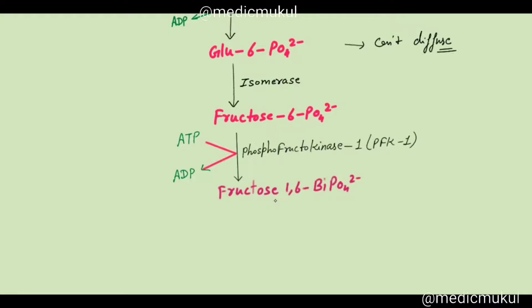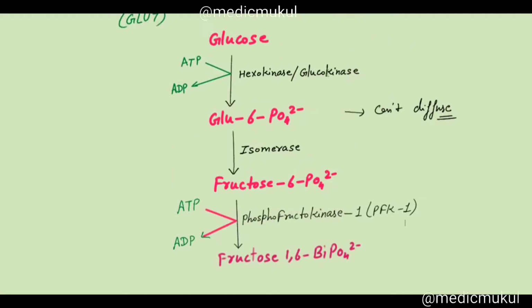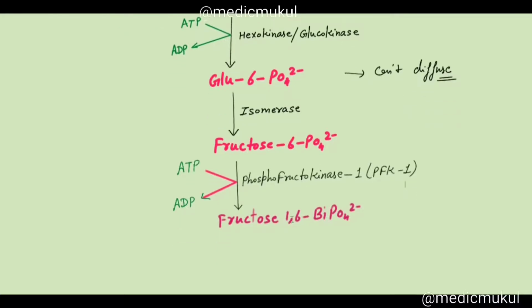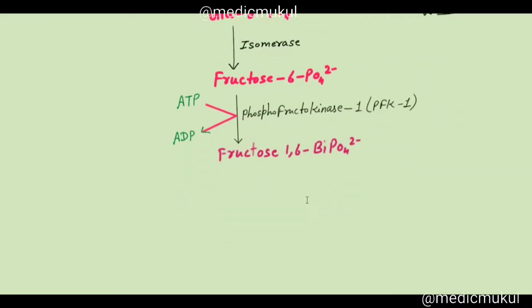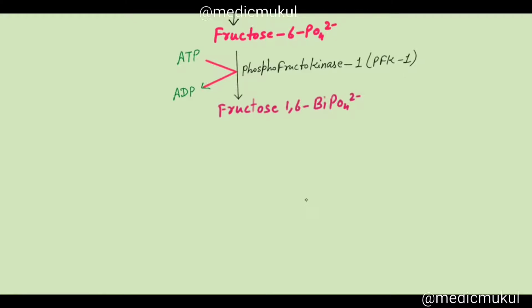So whenever you add or remove a phosphate, kinase is used. You can see the glucokinase, where you are adding one phosphate, and here again you are adding one phosphate, so kinase. Till here it is simple. Now it will become more complicated.